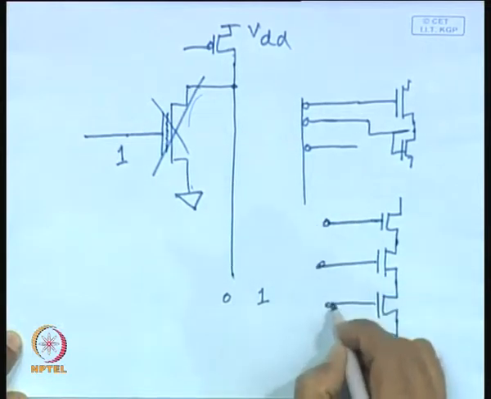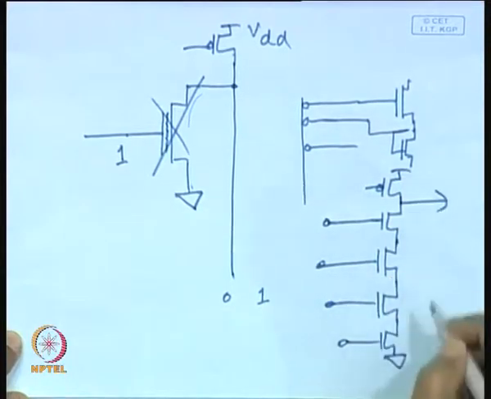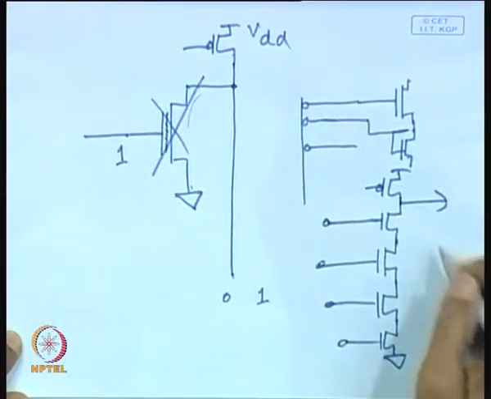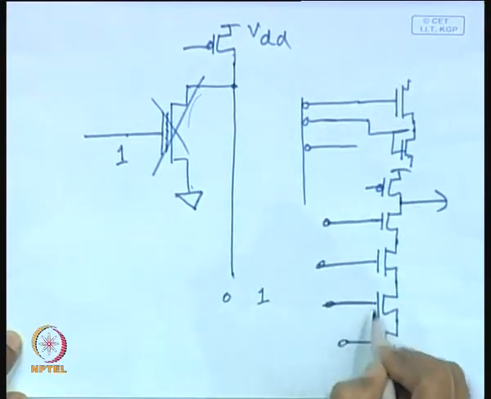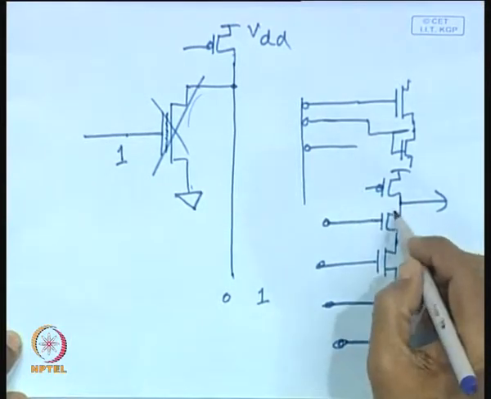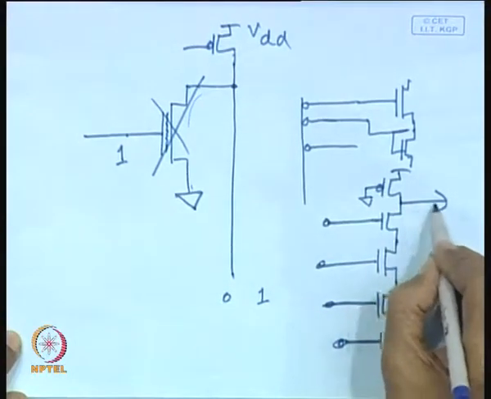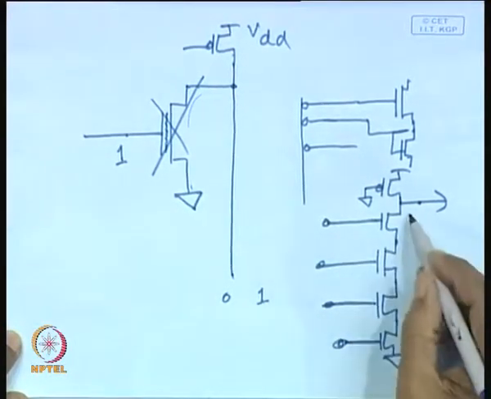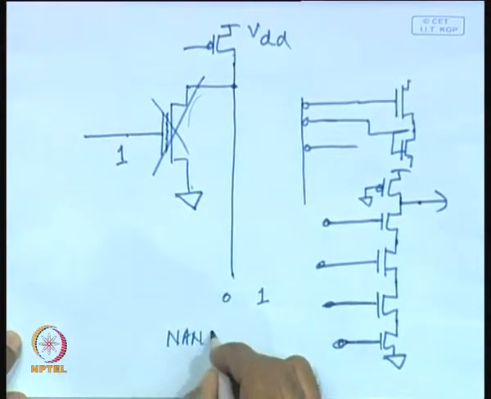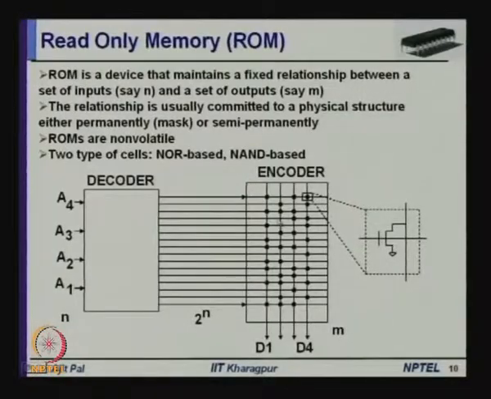These are 0 active, and here you have got a PMOS transistor, and output is taken from here in a NAND based cell. That means, from the decoder the 4 lines will be 0 active, and you will have 4 NMOS transistors and a PMOS transistor which will be permanently on, and the output is taken from here. So, this is the typical NAND based ROM cell, where the encoder part is fabricated in the form of NAND rather than in the form of NOR as it is shown here.